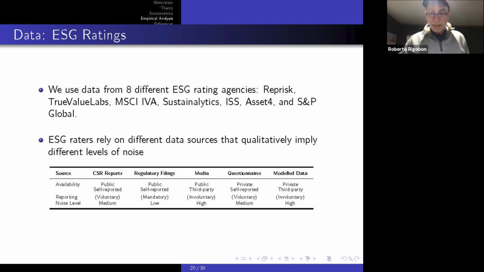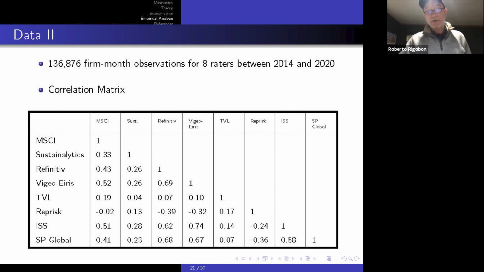Now, they are correlated. I mean, not terribly correlated. This is something that this audience knows. Some of them are actually negatively correlated, which is the example that I gave before. But there are some that are highly correlated. Between ISS and Vigeo, for example, the correlation is 74%. But some of them will be negatively correlated.